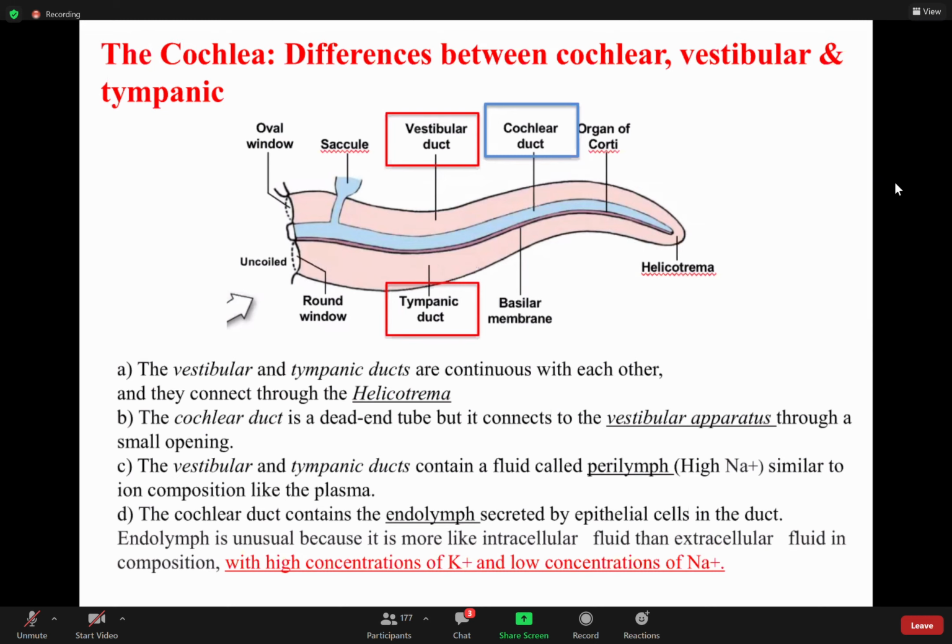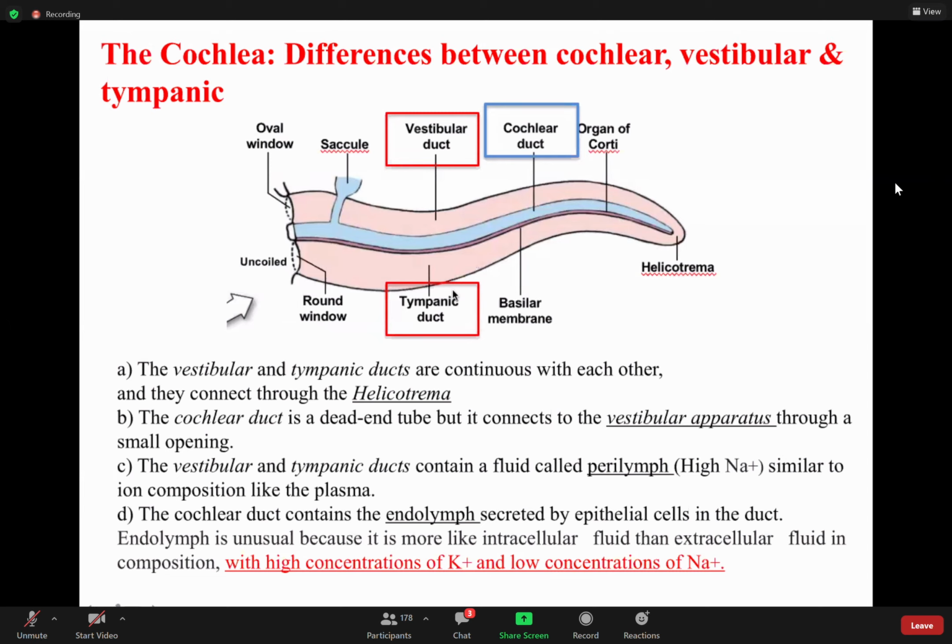Thus, the accumulation of excessive endolymph in the cochlear duct is going to create not only a ringing sound, what we call tinnitus, but it could also affect the vestibular apparatus to such an extent that it could potentially displace the otoliths that give us the perception of balance and could create a sense of vertigo.